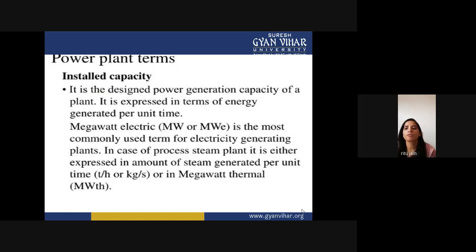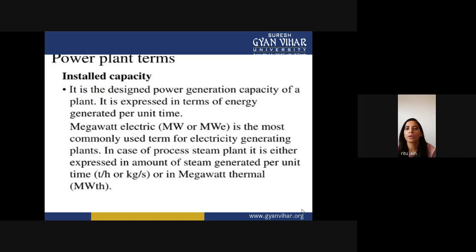In the case of a process steam plant, it is either expressed in the amount of steam generated per unit time or in megawatt thermal. So if you talk about a steam plant, it can be expressed as the amount of steam generated per unit time.